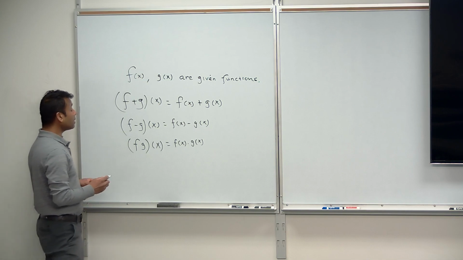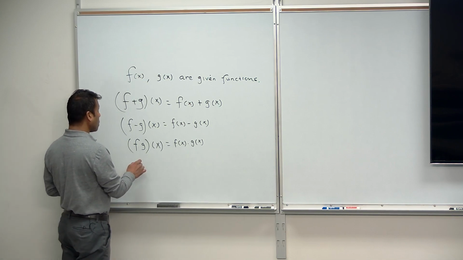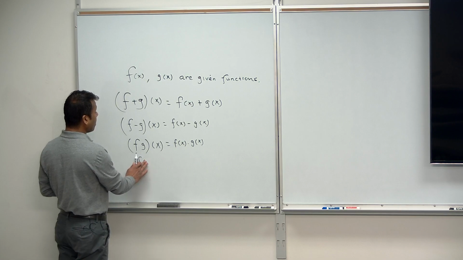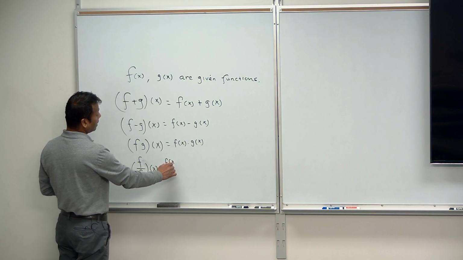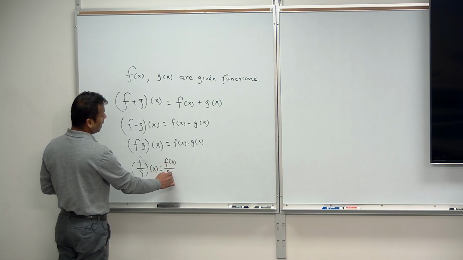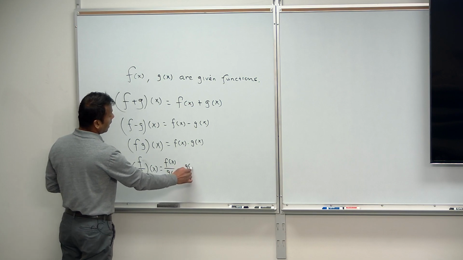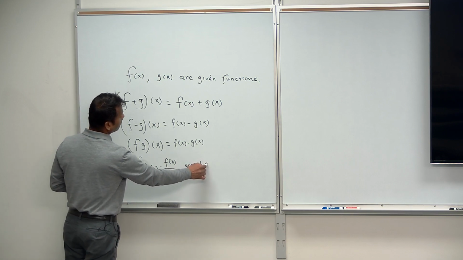And the division, or the quotient: if you divide a function f by g, (f over g)(x) is the same as f(x) over g(x), where g(x) is not equal to 0.